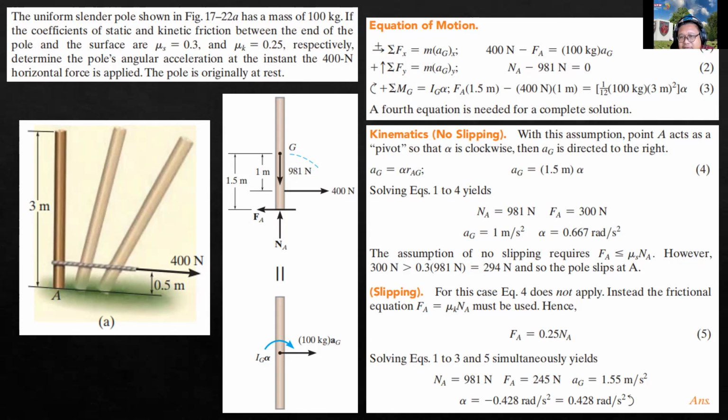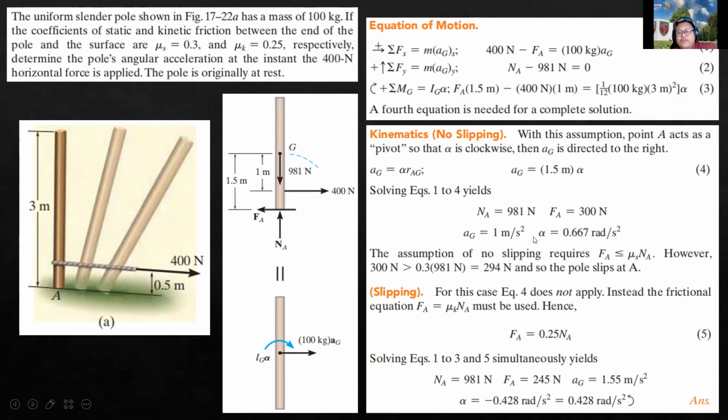It's the same thing. We know that R is 1.5 meter, times alpha. So since we have this set of equations, you can solve for FA, AG, and alpha.